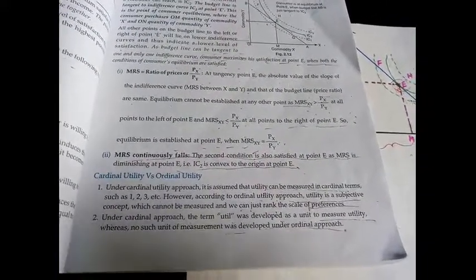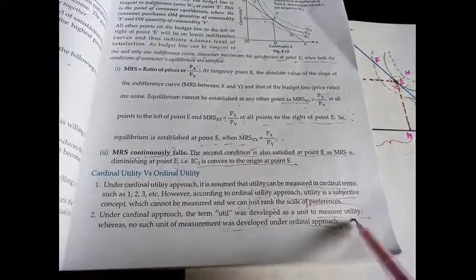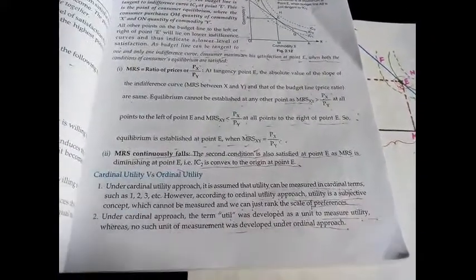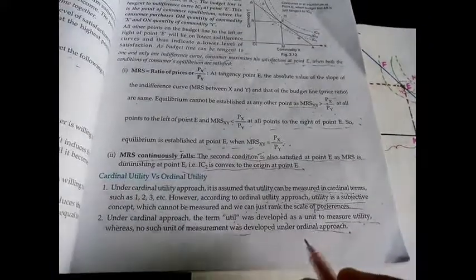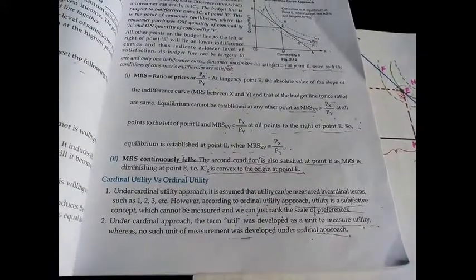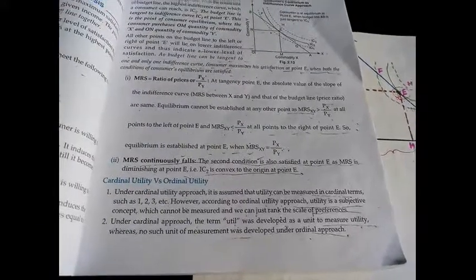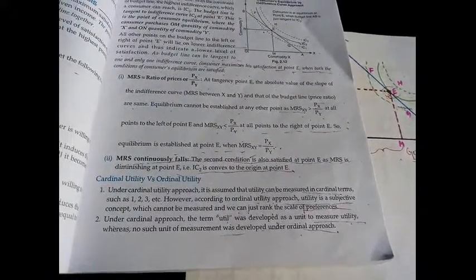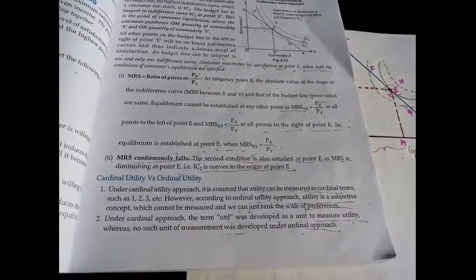So for utility, the measuring instrument is util: 2 utils, 3 utils. But the ordinal approach says there should not be any unit of measurement, because you cannot measure utility, so there should not be any measuring instrument for utility.